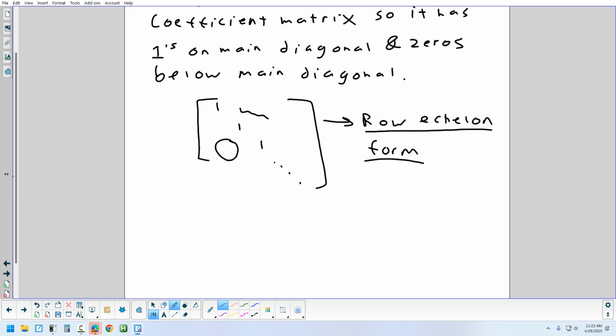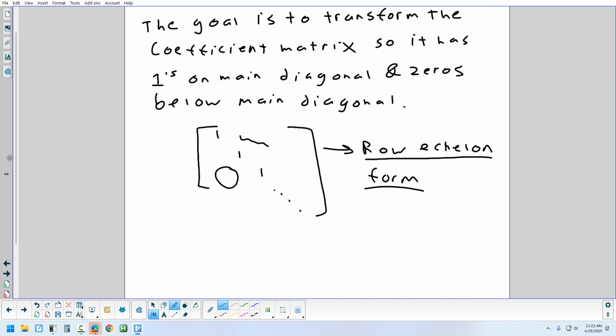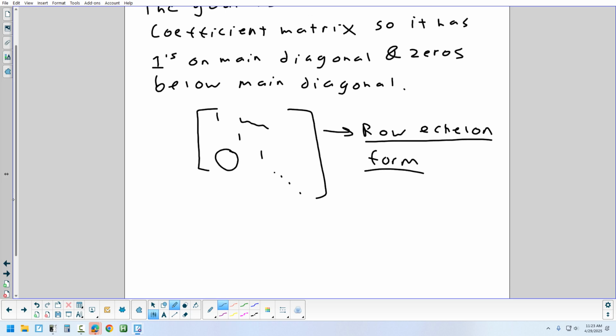So what does that look like? Row echelon form is when you have a matrix with ones on the diagonal and zeros everywhere below it. So for a 3 by 3 matrix, it would look something like this. Anything that's not a 0 or a 1, I'm just making up the number.